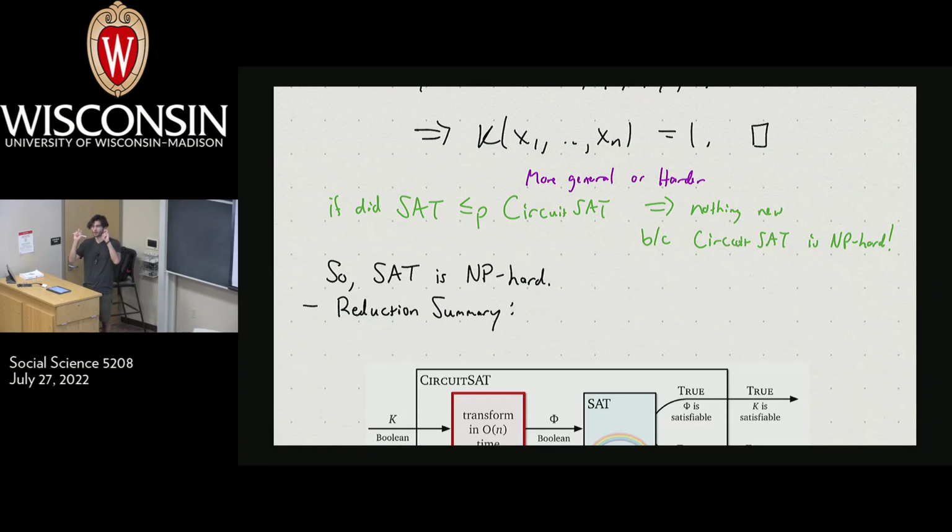None of them are harder than the other. So here what this says is SAT can be reduced to circuit SAT, but we already knew that because it's NP-hard. We can reduce anything to circuit SAT. It's not surprising. If we swap it, that's what's surprising, because then we're saying the hard problem can be solved by SAT, and so SAT is also hard.